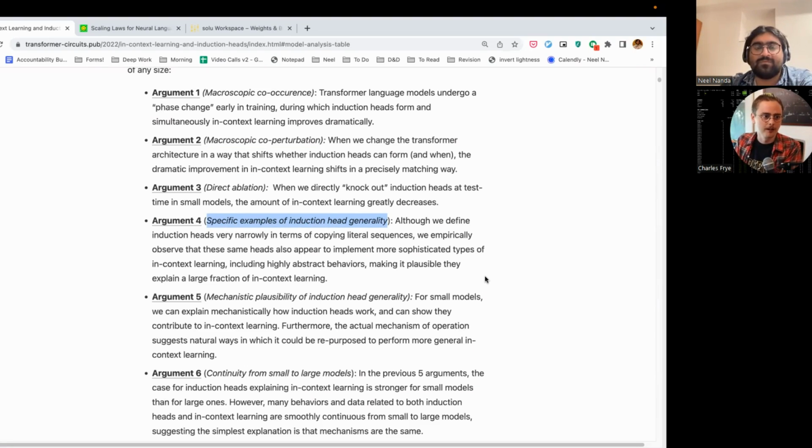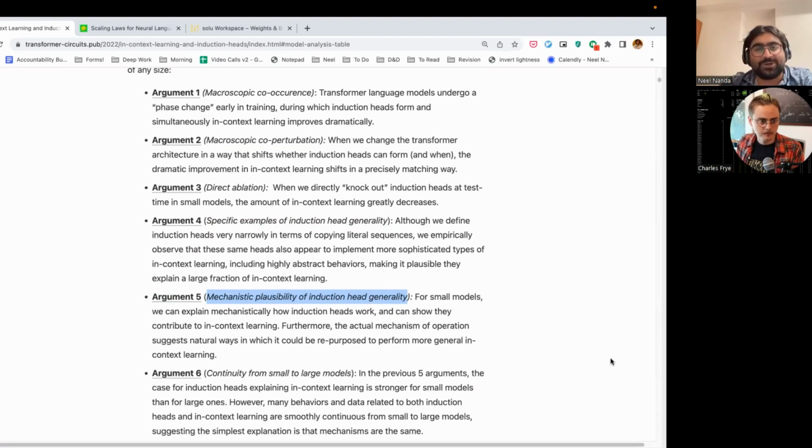Argument 4 is looking and observing, not just observing these macroscopic things about in-context learning, but looking at concrete examples and saying, look, here's how this circuit is being used to implement this fuzzy match in these specific examples. Yeah. Argument 5 is also pretty close to my heart. Mechanistic plausibility.